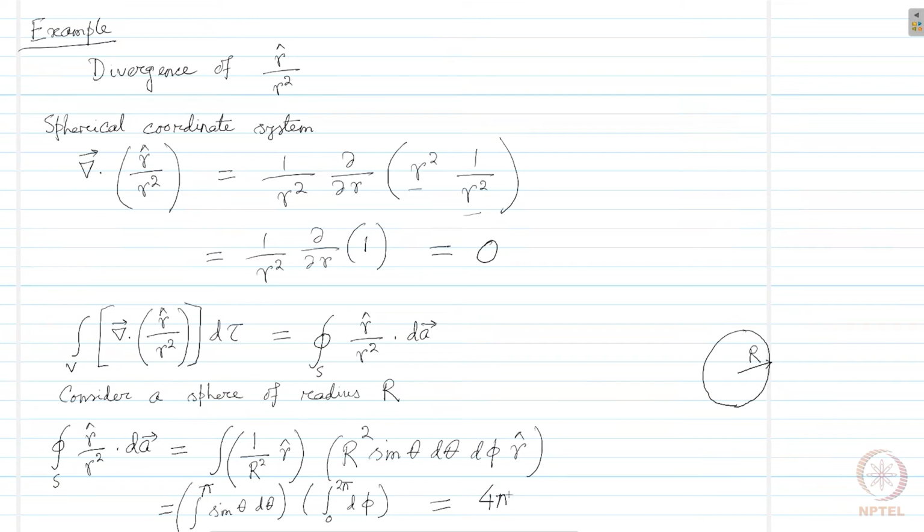What did we get from the expression for divergence in spherical coordinate system? We found that the divergence of this vector r cap over r squared was 0.